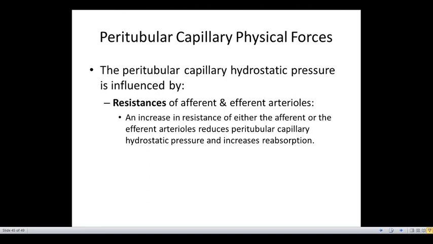Number two is the resistances of afferent and efferent arterioles, which influence the hydrostatic pressure. An increase in resistance of either the afferent or the efferent arterioles reduces the peritubular capillary hydrostatic pressure and therefore increases the reabsorption into the peritubular capillaries.